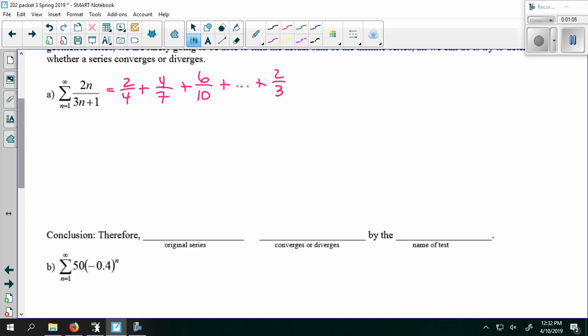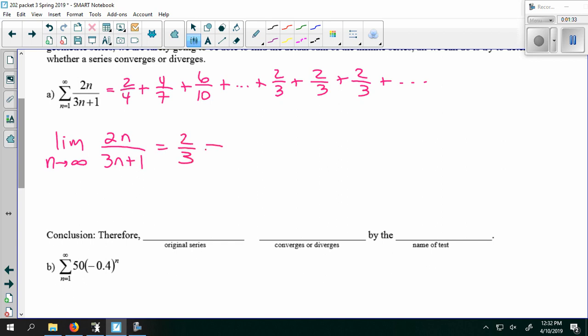So eventually I'm just adding basically 2/3 over and over and over again, which means that this sum is going to grow without bound. I am just going to be adding more and more and more, and it's getting bigger and bigger and bigger, growing without bound. So to formally write this out, I would say the limit as n goes to infinity of the terms 2n over 3n plus 1 is 2/3, which is not 0.